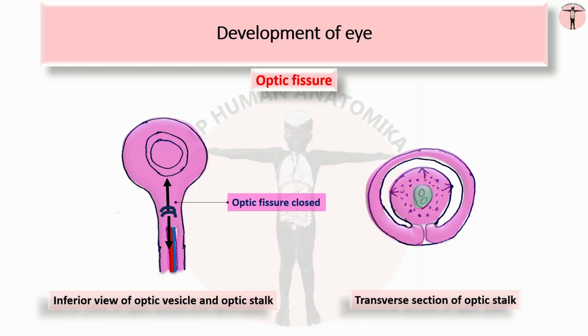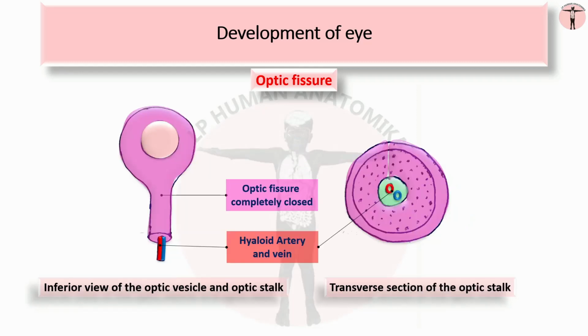The mouth of the optic cup becomes a round opening which forms the future pupil. Here you can observe the optic fissure is completely closed. The cavity between two layers is obliterated and the hyaloid vessels, that is artery and vein, are completely incorporated inside the tissue.